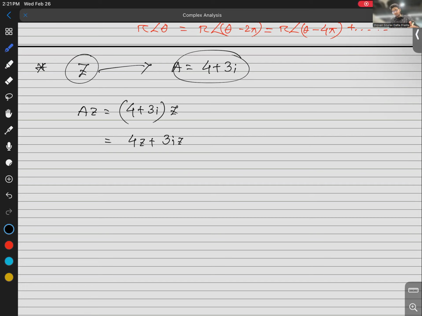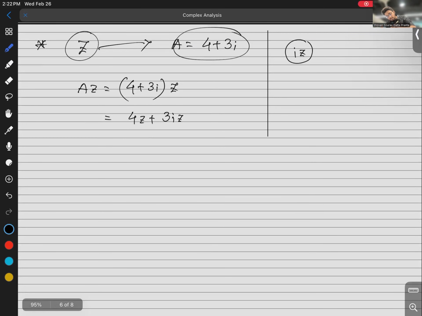It can be a real number, it can be a complex number, anything, because the complex numbers are a superset of the real numbers. If we just consider the imaginary part as zero, then we get the real number system. So at first we need to understand what it means if we multiply a complex number by i.